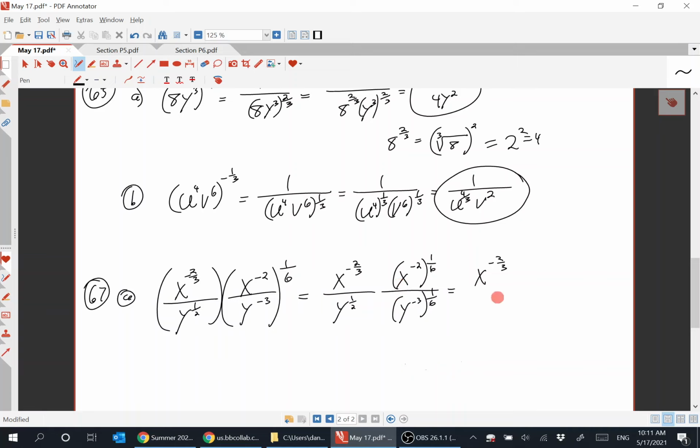So minus 2 over 6, x to the minus 1/3, y to the 1/2, y to the negative 1/2, oops, half. Notice I'm simplifying those fractions in one step.